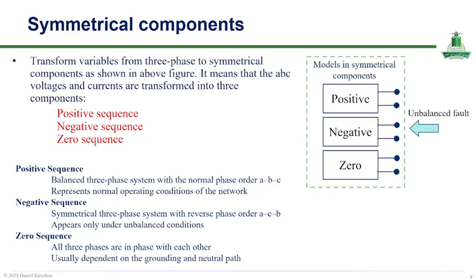By decomposing an unbalanced system into these three symmetrical components, we can analyze complex faults more easily and understand how each sequence contributes to the overall behavior of the system.